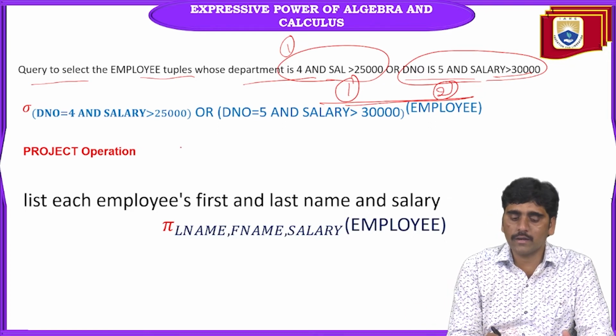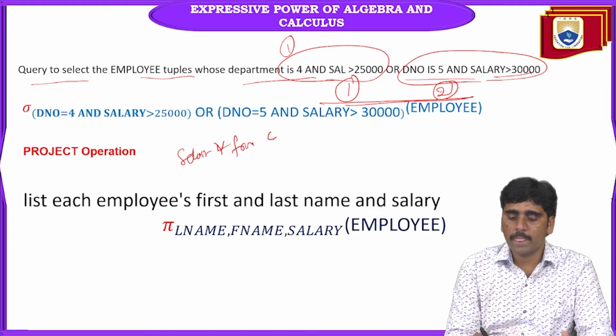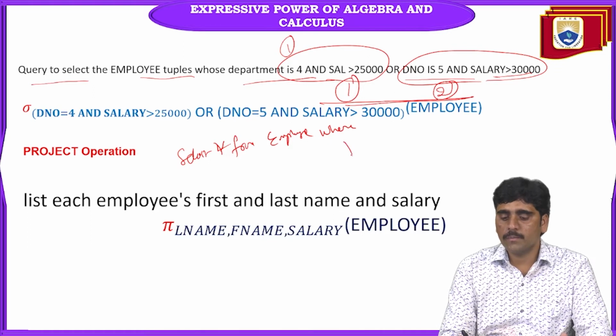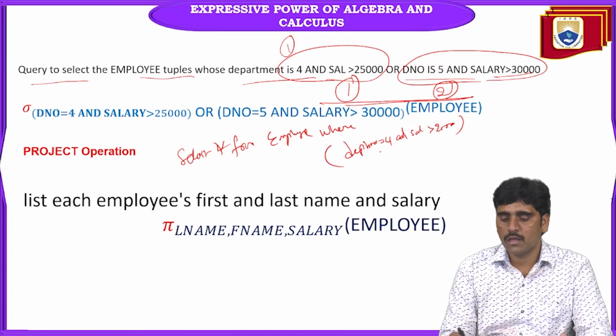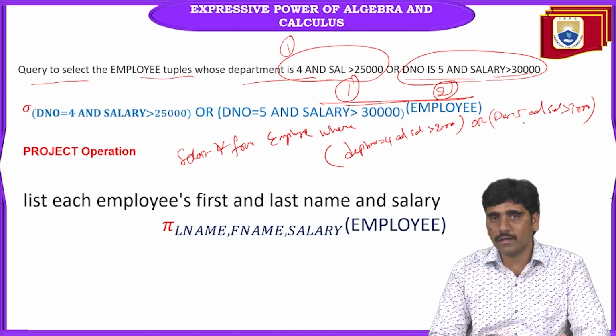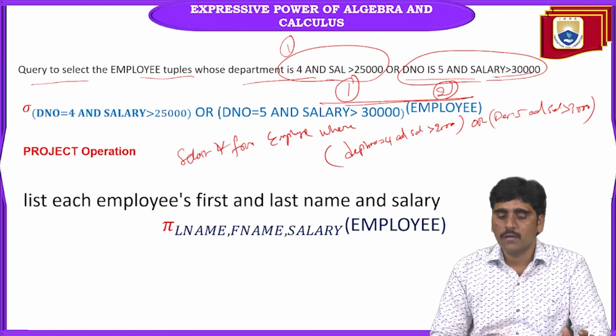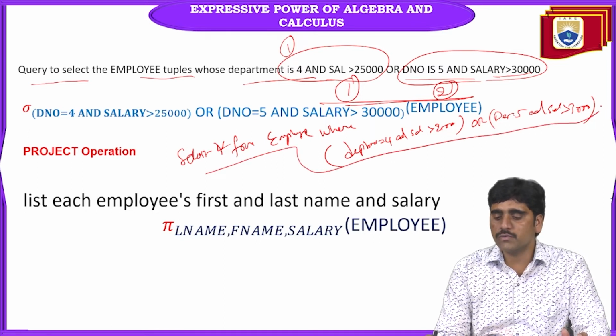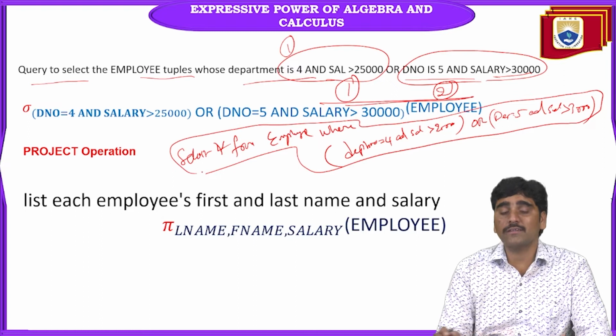So select star from employee where department number 4 and salary greater than 25,000, or the next department number equals to 5 and salary greater than 30,000. This is the way I can write in normal procedural language. But what should I do? I just want to write it in an unsafe query.